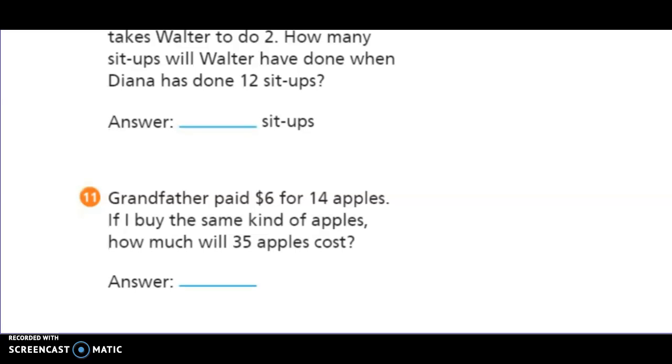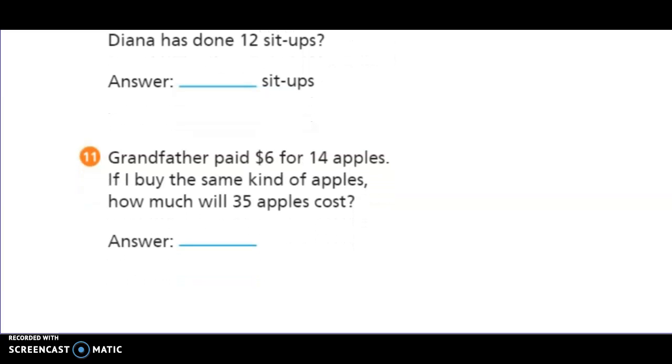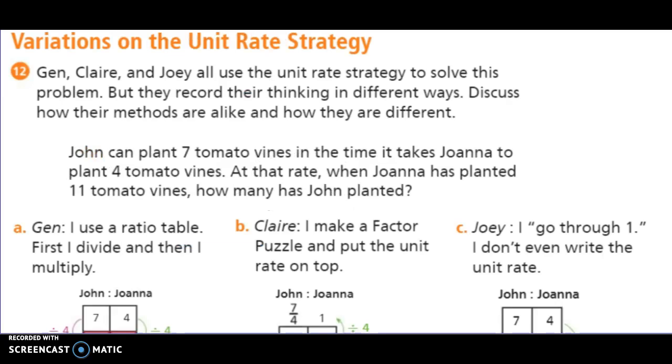I can tell you it might have something to do with factor puzzles and setting them up correctly. I can also give you another hint that maybe reducing fractions is also a skill you're good at. So those strategies, feel free to use those if you don't like doing that extra step of dividing to a price or amount per 1 and then multiplying for a second step towards a solution.